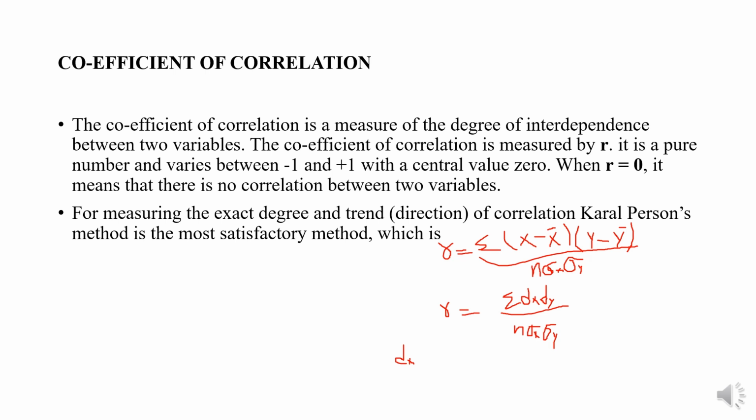And what is dy? dy is the deviation of individual y values from their mean. n is the number of pairs of values. Sigma x is the standard deviation of x values, and sigma y is the standard deviation of y values.